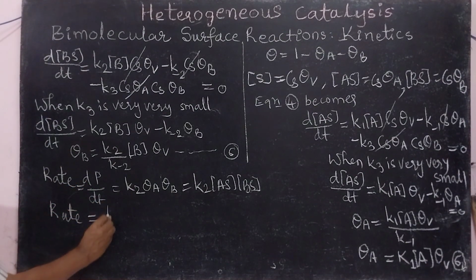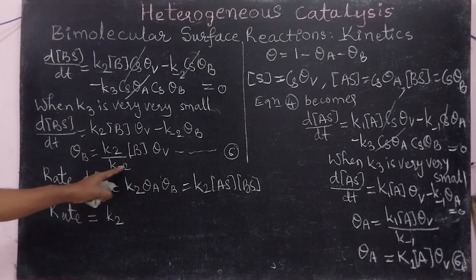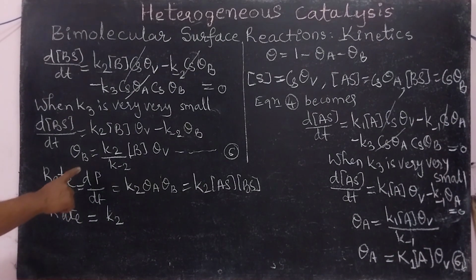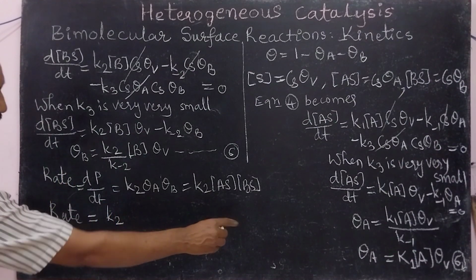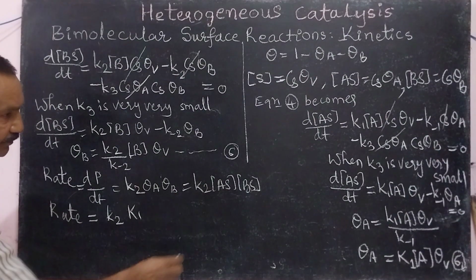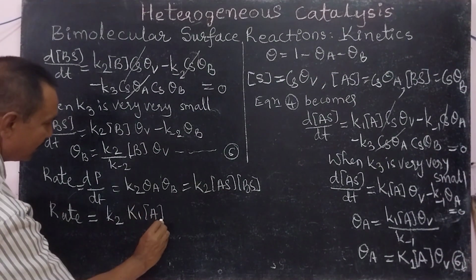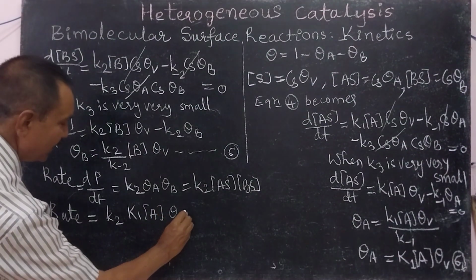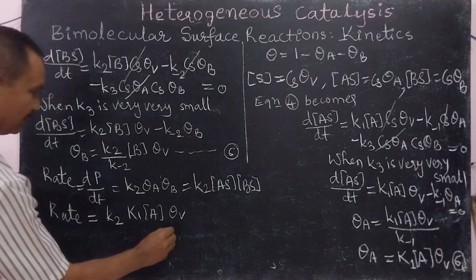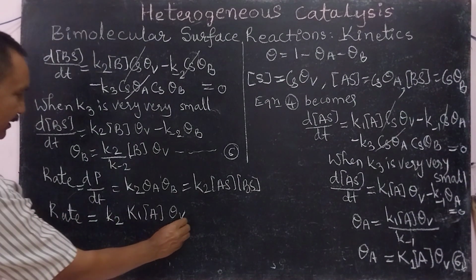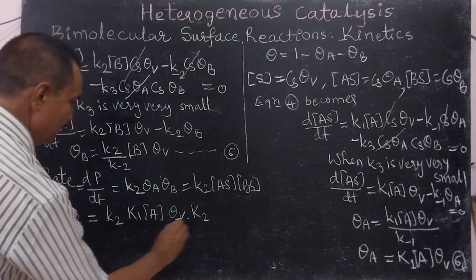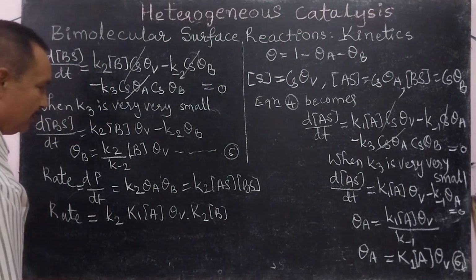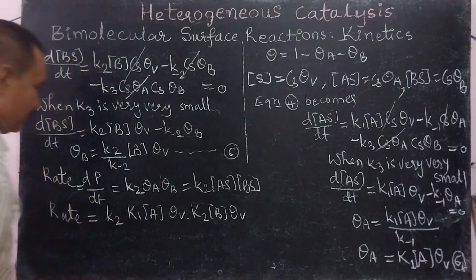K2 into theta A equal to capital K1 into concentration of A into theta P. Okay, then into theta B equal to capital K2 into B into theta phi.